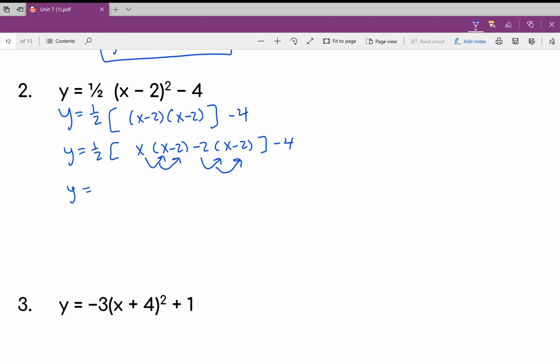Then I'm going to distribute the x inside, and then the negative 2. So I have y equals 1/2. X times x is x squared. X times negative 2 is negative 2x. Negative 2 times x is negative 2x. Negative 2 times negative 2 is 4. Bring everything else down. Now I distribute my a value, which is 1/2.